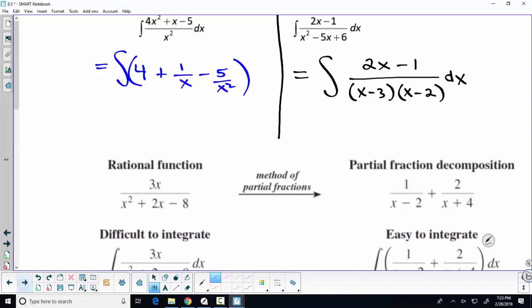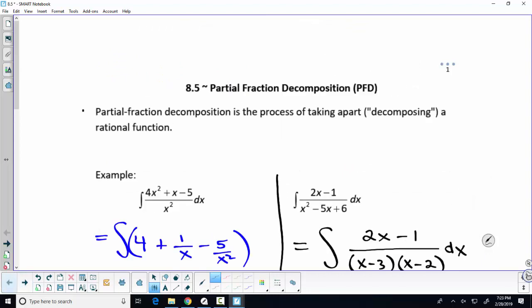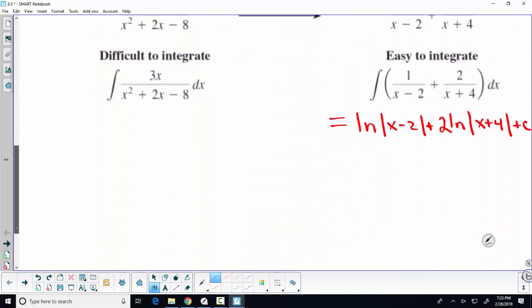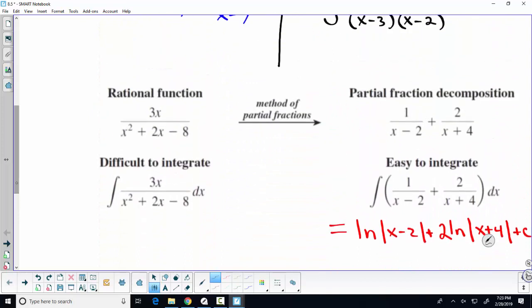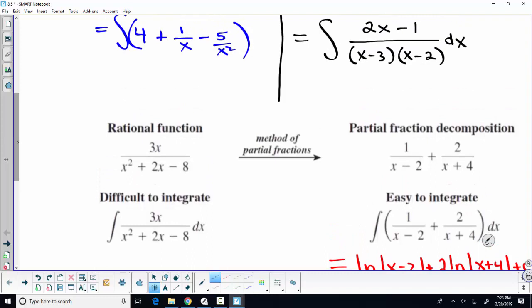I think I put that in here. I did not. So it all depends on how your polynomial in the denominator is factored, and that determines what direction we start to head in.